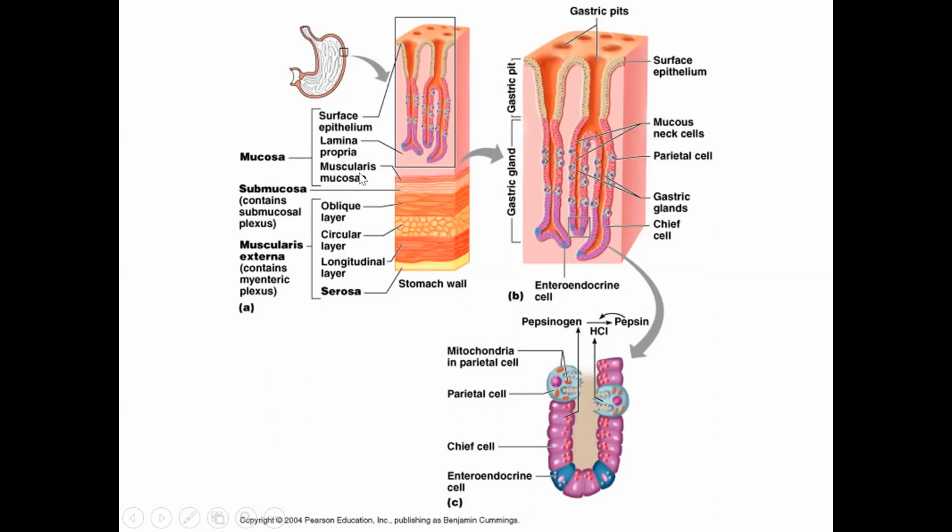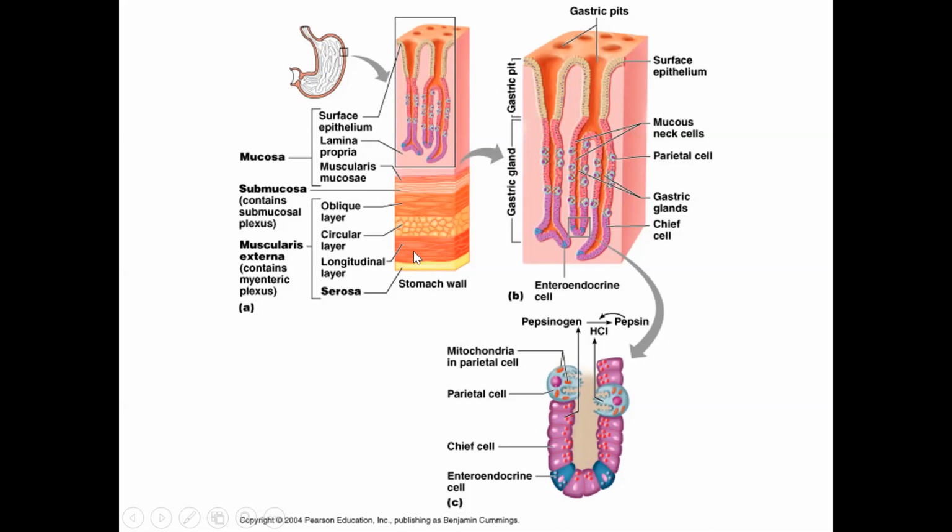So remember this muscularis mucosa, the smooth muscle layer, but it's still part of mucosa. And then the submucosa is all connective tissue. And then in the muscularis externa, there are 3 layers of muscles in stomach. Deepest one is oblique, and then circular, and then longitudinal.